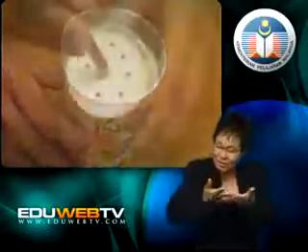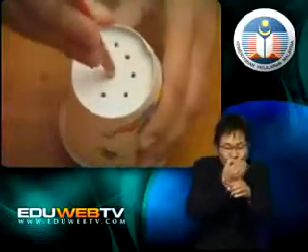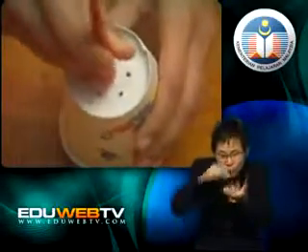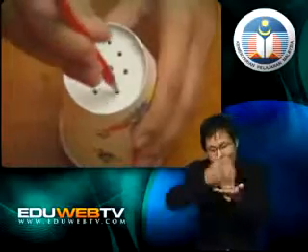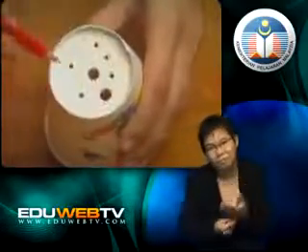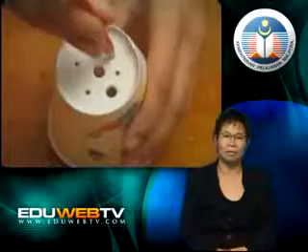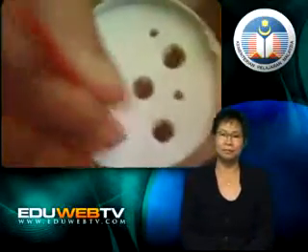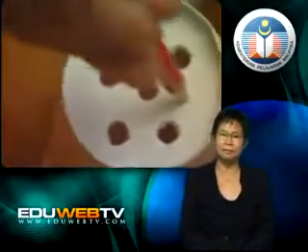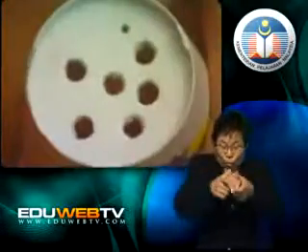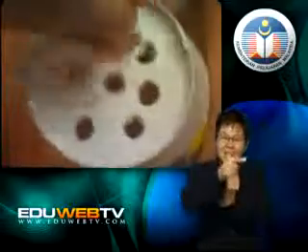I will use this paper cup to make the sieve. Make small holes at the bottom of the paper cup. The holes should be big enough for only the green beans to pass through.